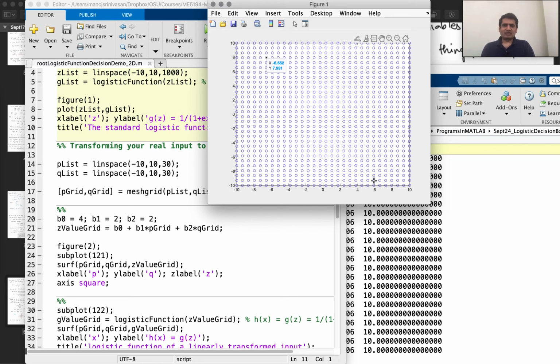You start from a list on the p-axis and a list on the q-axis. Actually, this is the q-axis, to be more precise, if you think of p grid and q grid. But the way we plotted it, certainly this is p and this is q. In any case, p grid and q grid, if you take the i comma jth element, will give you some point on this grid.